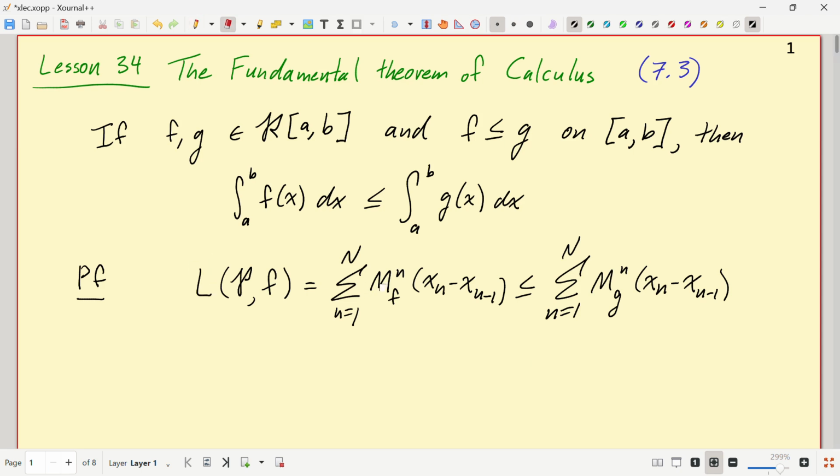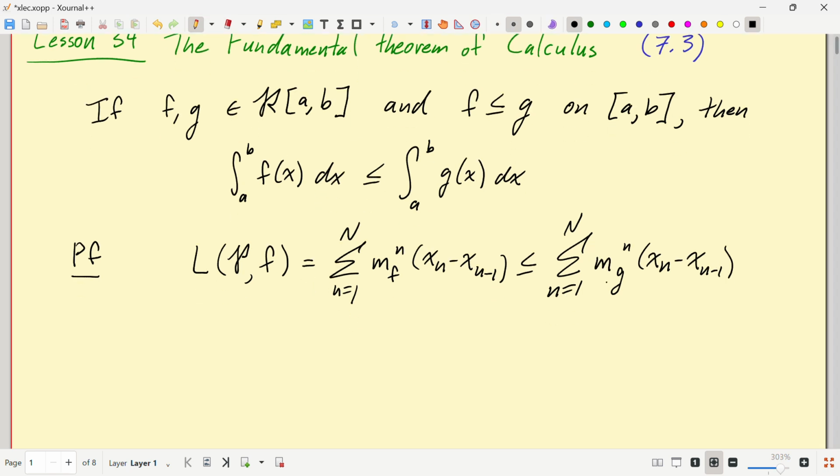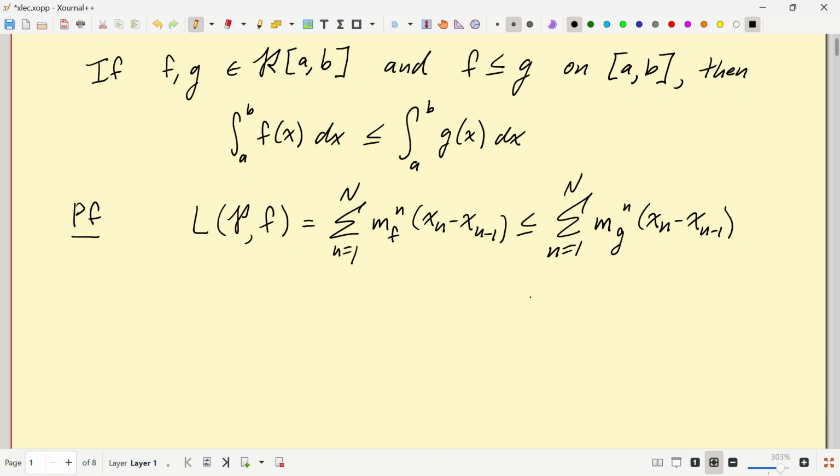That would make this the nth minimum, and then this would be the same thing for the g's. And that would be less than or equal to the upper sum of g for that partition.